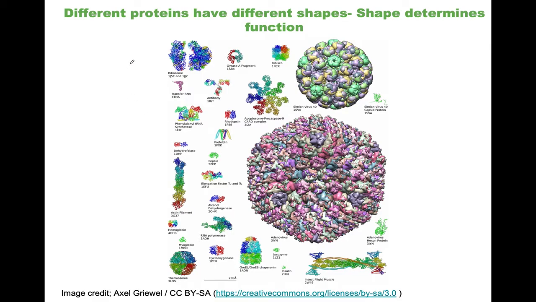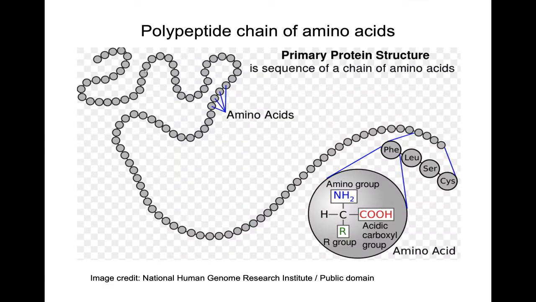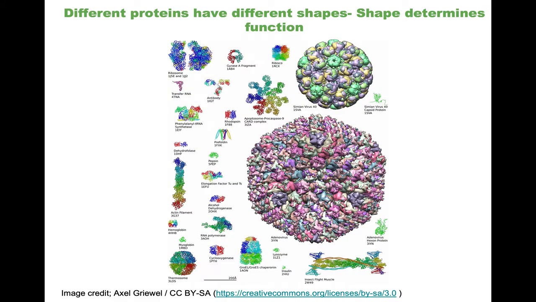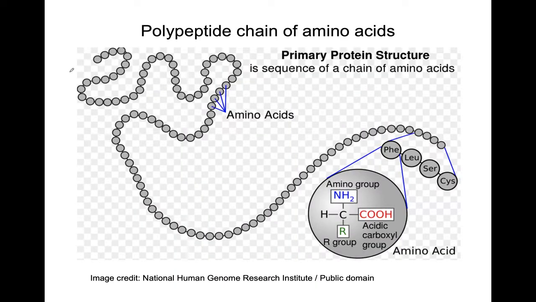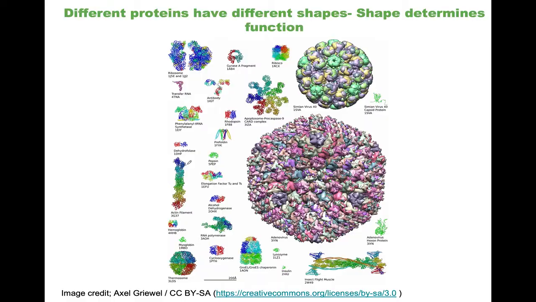So why is it that we can start with protein molecules all starting as a chain of amino acids connected together end over end, but get all these different types of shapes? These different shapes depend on the type and sequence of amino acids that are included in the polypeptide. So when you look at this chain, when you add different types of amino acids and put them in different orders in the protein, it gives you a different shape.